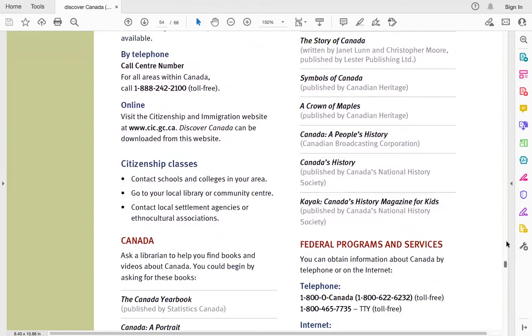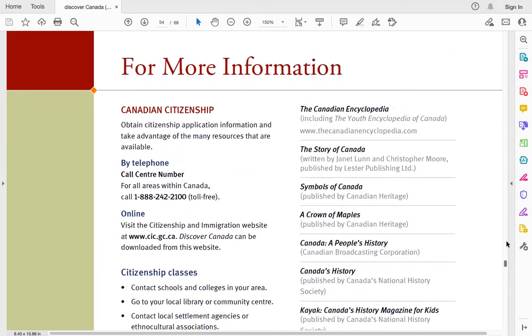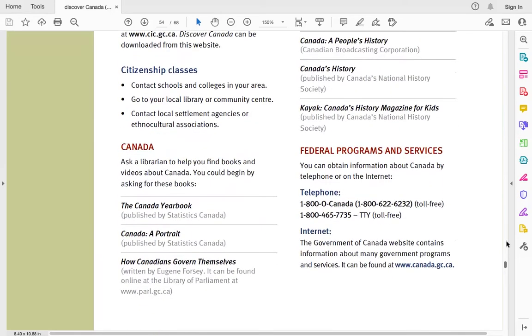For more information about Canada, ask a librarian to help you find books and videos about Canada. You could begin by asking for these books: The Canada Yearbook, published by Statistics Canada; Canada, a Portrait, published by Statistics Canada; How Canadians Govern Themselves, by Eugene Forsey.